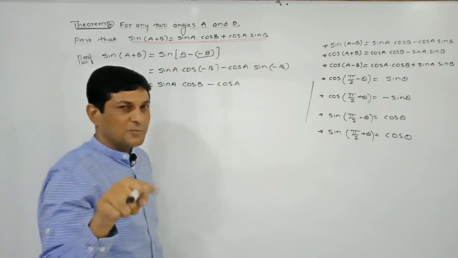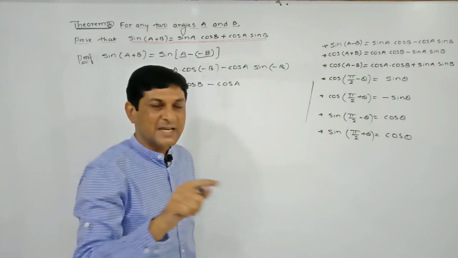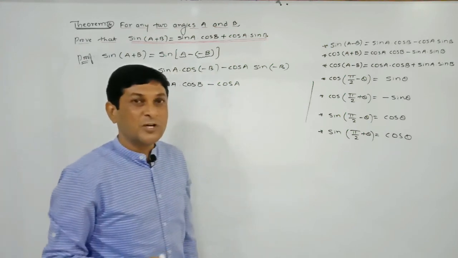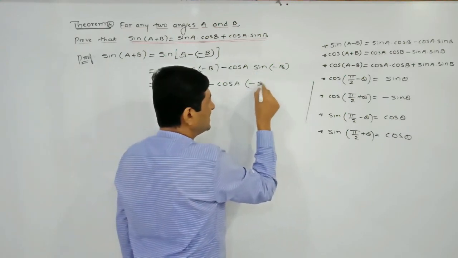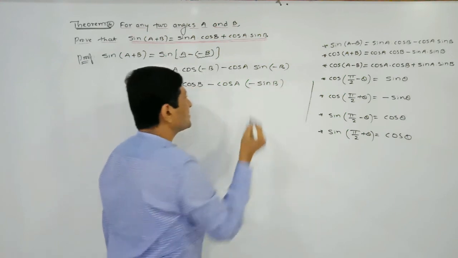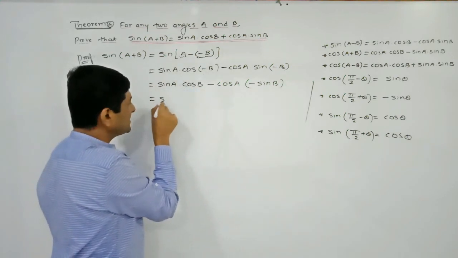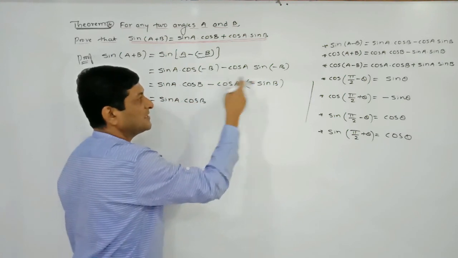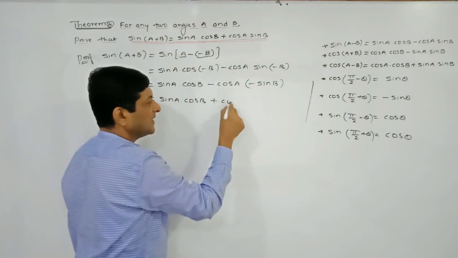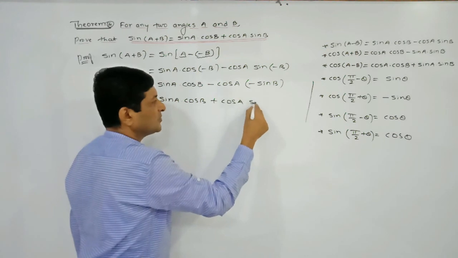And the important formula related with sine: sin(minus theta) is equal to minus sin theta, means sin(minus B) will be equal to minus sin B. So this is equal to, keep sin A as it is, into cos B also as it is. Here minus into minus will become plus, and here we will get cos A into sin B.